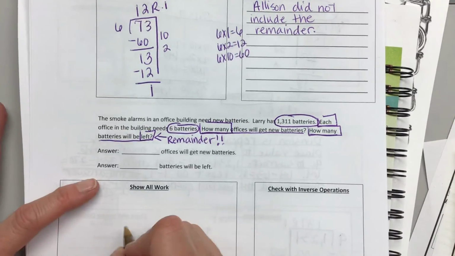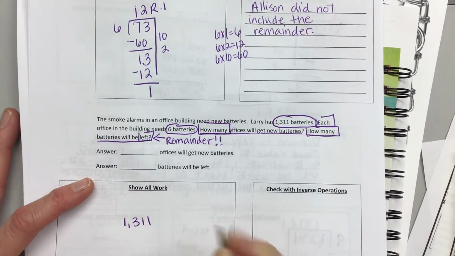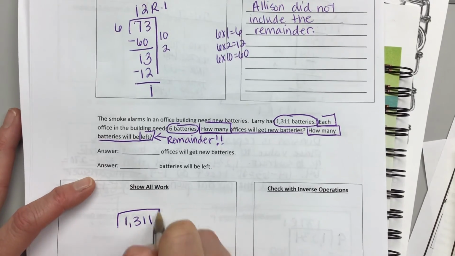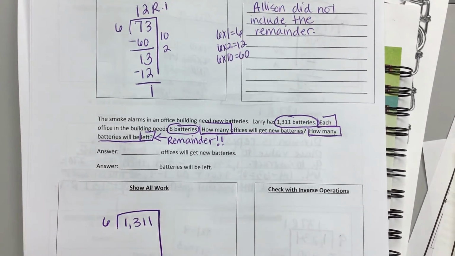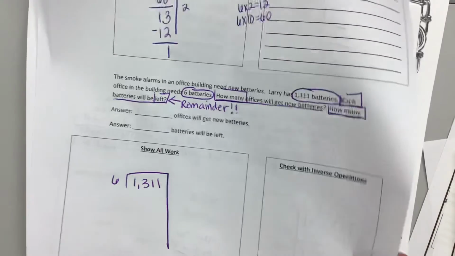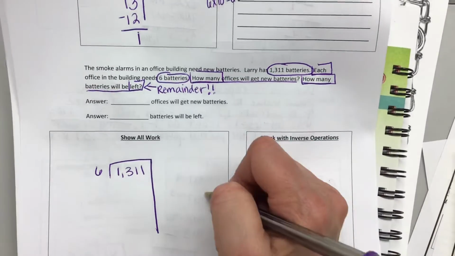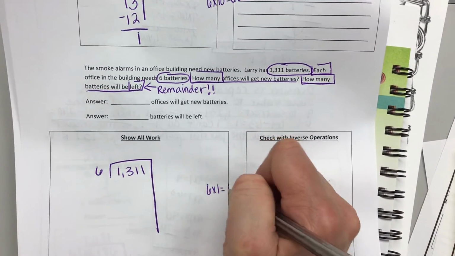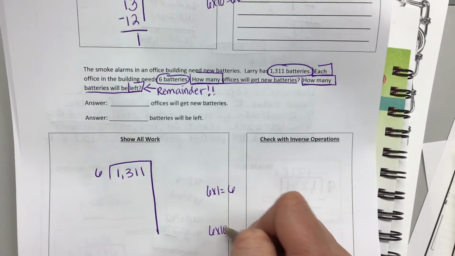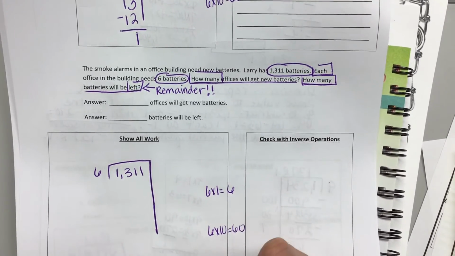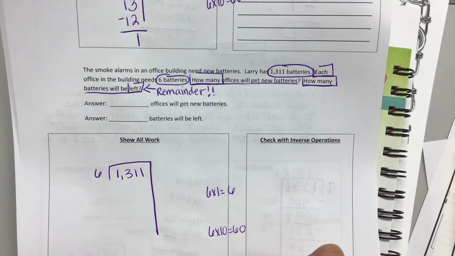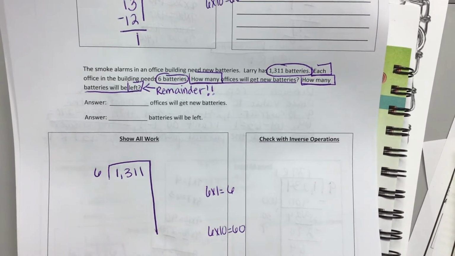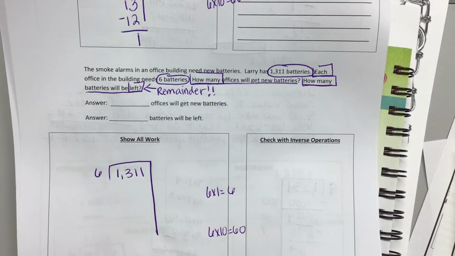Okay, so if I have 1,311 batteries and each office needs 6 batteries, then I need to do 1,311 divided by 6. 6 times 1, 6 times 10, 6 times 100. 6 times 1,000 is 6,000. That's too big.